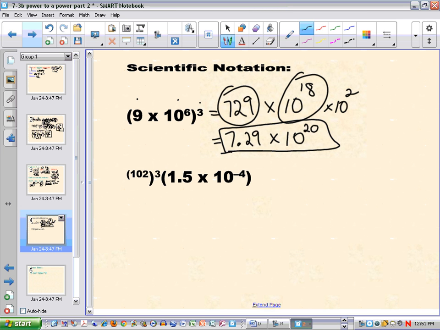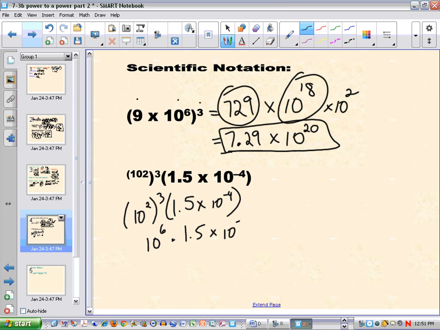Now let's rewrite this one. The formatting got messed up. That's 10 squared cubed, then 1.5 times 10 to the -4th. So 10 squared cubed, that's really 10 to the 6th, power to a power. Then times 1.5 times 10 to the -4th.